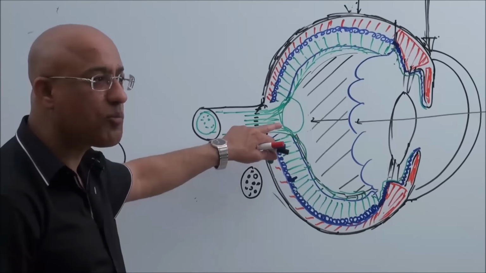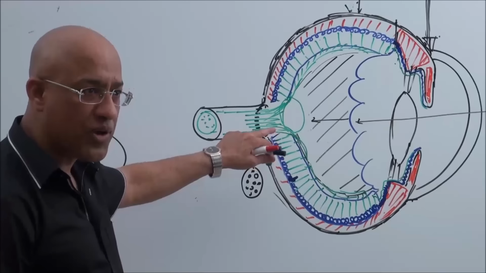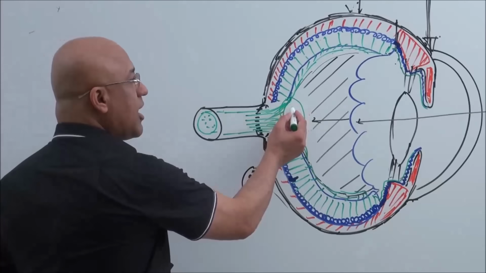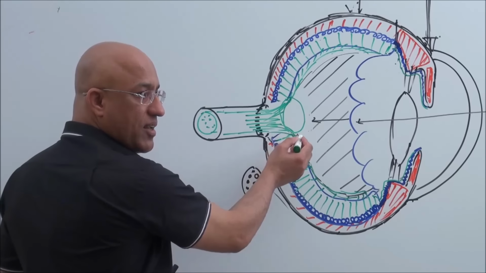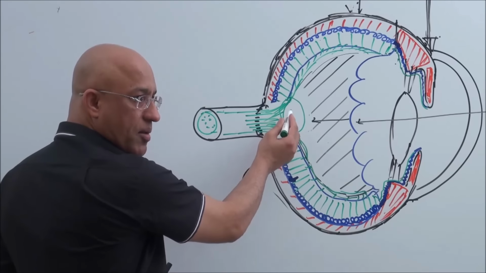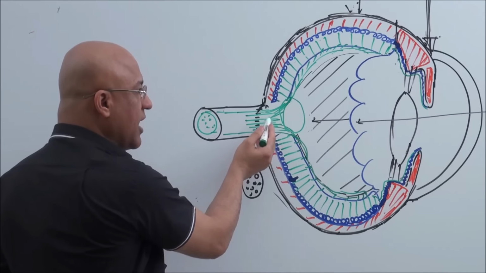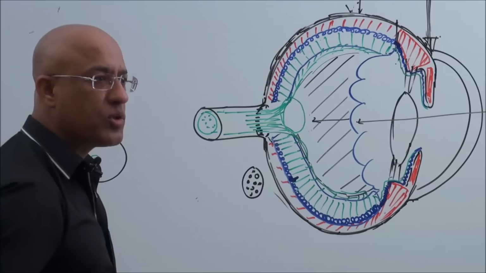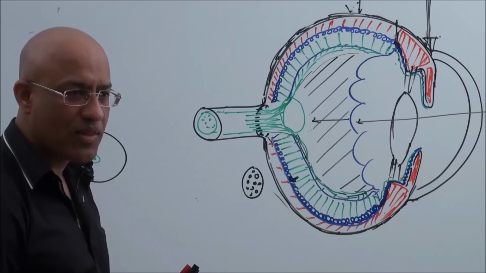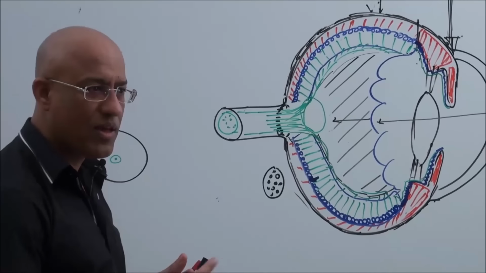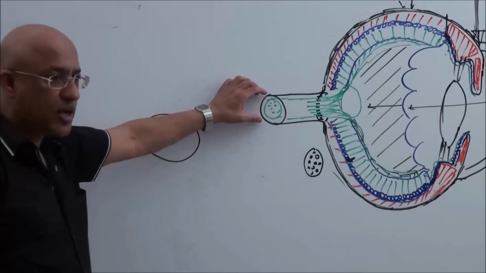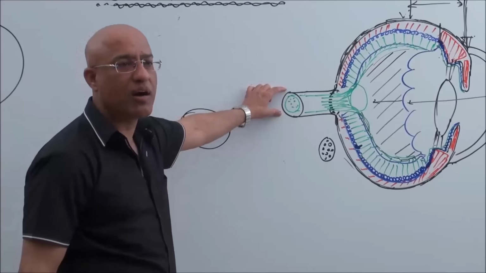So the optic disc is the point of the retina from where all the optic nerve fibers move out of the retina, moving posteriorly through the lamina cribrosa and going to the central nervous system as the optic nerve. Remember, the optic nerve should not actually be called a nerve.